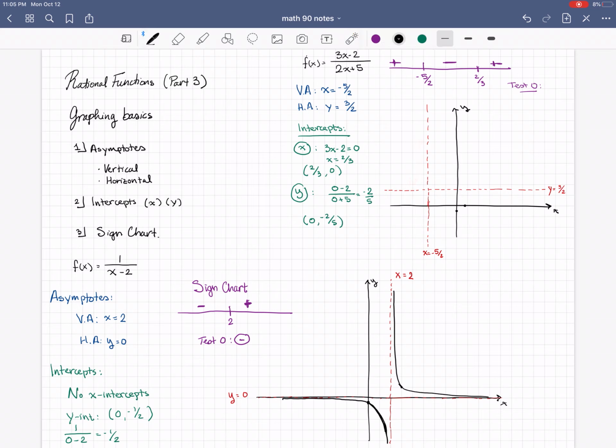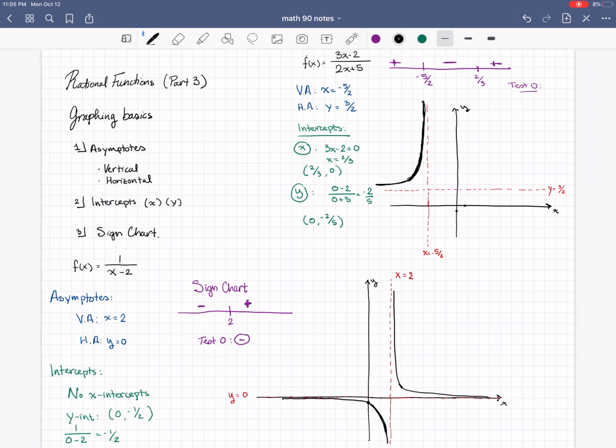So the asymptotes and the sign chart together dictate the shape of my graph. Again, if you want to, you can plug a value in for x and plot a specific point. But as long as you've got the basic shape, it's not terribly important to do that.